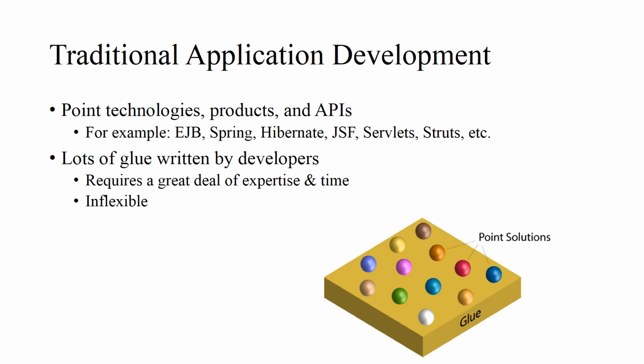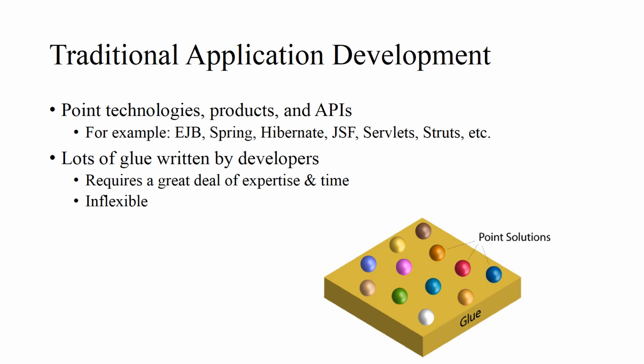There is traditional application development: point technologies, products and application programming interfaces, for example EJB, Spring, Hibernate, JSF, Servlet, Struts, etc. And there is a lot of glue written by developers that requires a great deal of expertise and time, and that's inflexible.